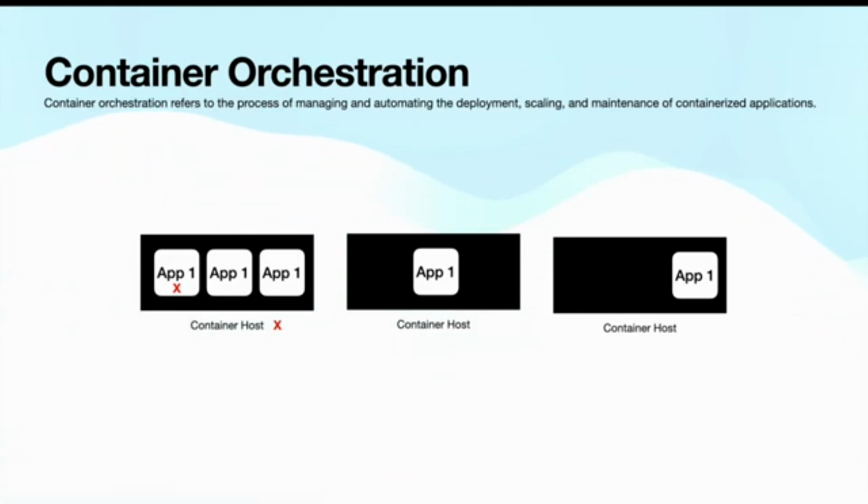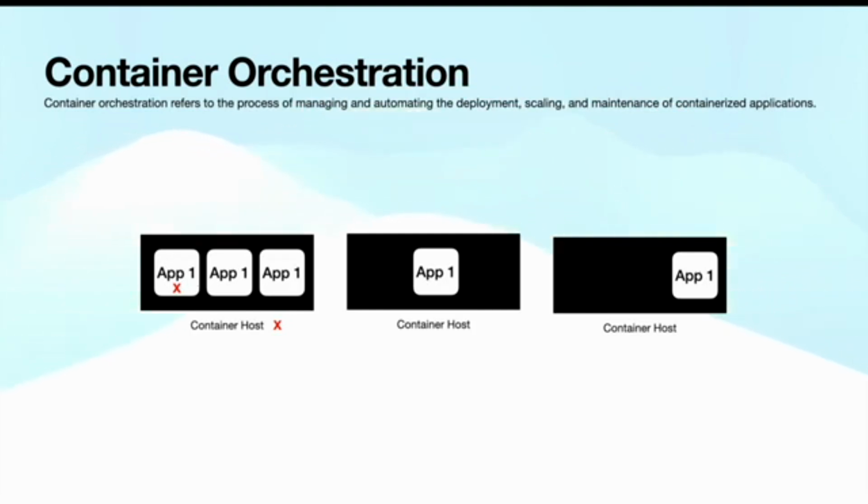We have to make sure of the availability of the container application, underlying host, and networking. If an app instance is down, someone needs to take care of bringing up another instance of that application. It's not possible to manage all these possibilities manually.